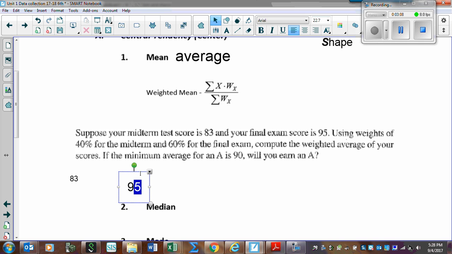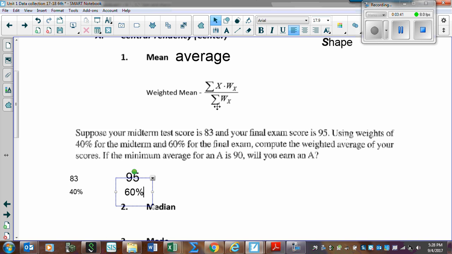Your midterm counts for 40% of your grade, and your final counts for 60%. Some of you might know this, but some of you might not have seen this before. And so this formula looks a little bit scary, but it's really not that bad.